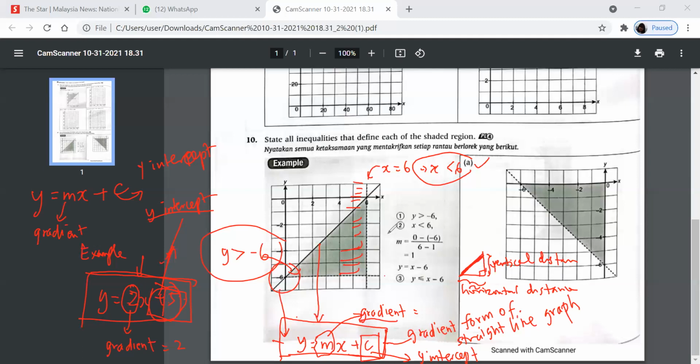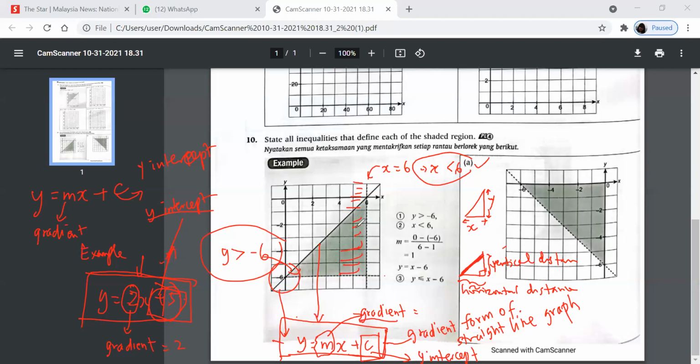You understand? So that is the gradient: your y over your x, the difference in y over the difference in x.